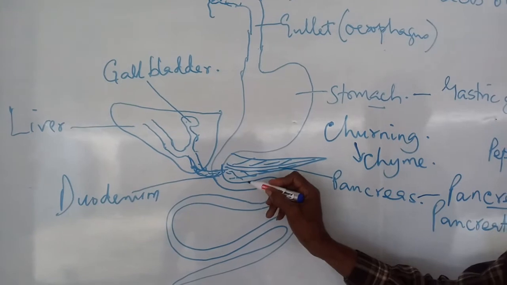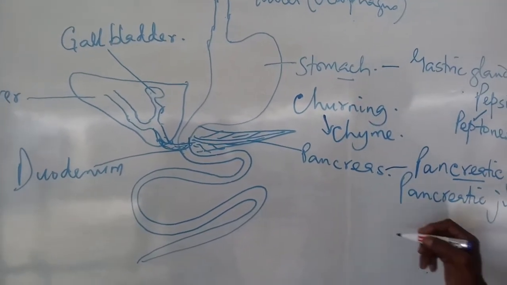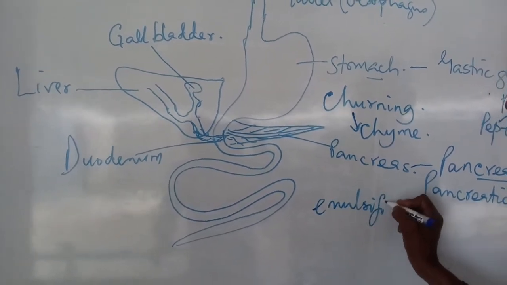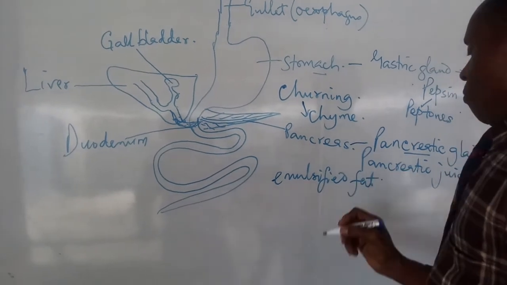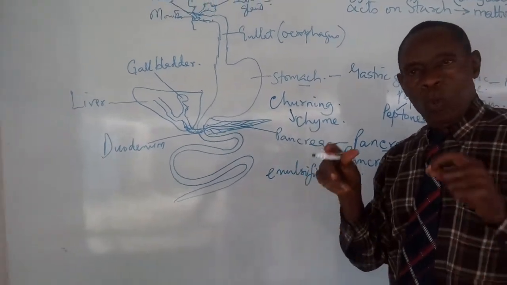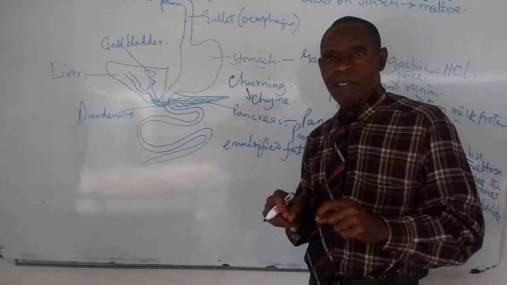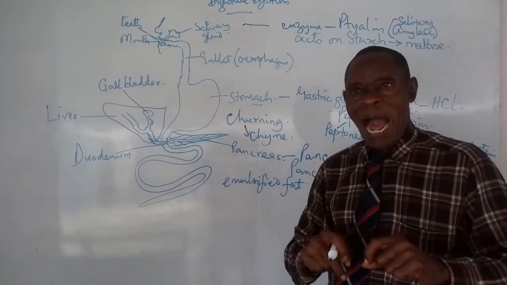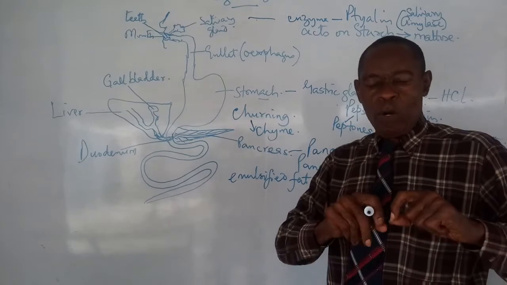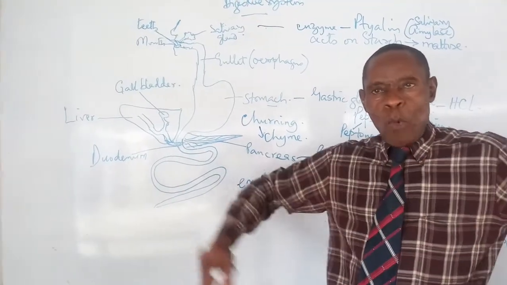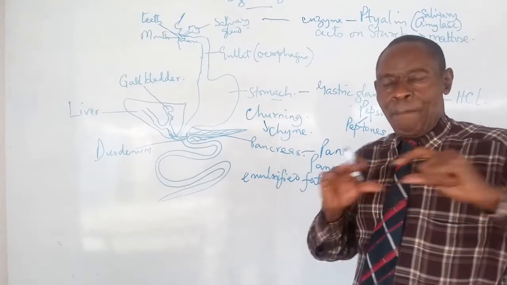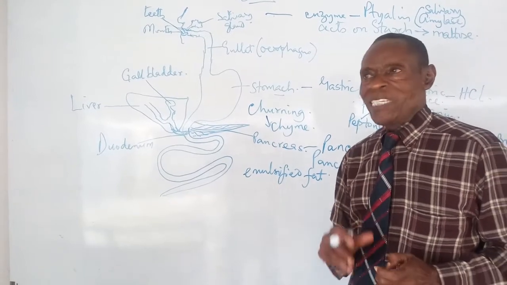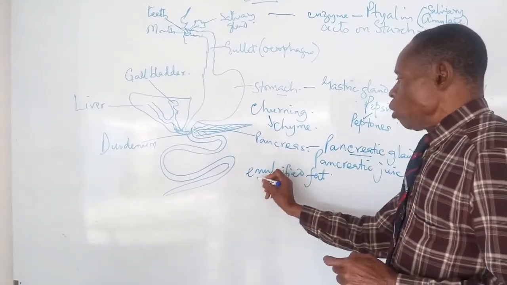And then you see that the lipase here acts on what we call emulsified fat. That is, the bile breaks down the fats into tiny droplets, and that process whereby solid fats are broken down into tiny droplets to create a wider surface area for the enzyme lipase to act on is known as emulsification.